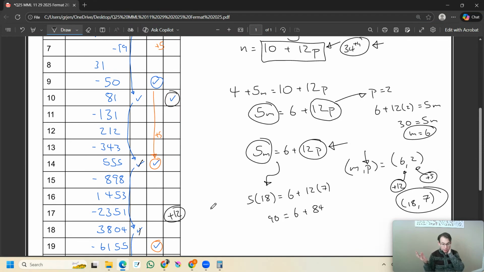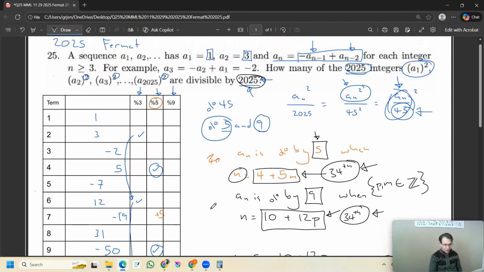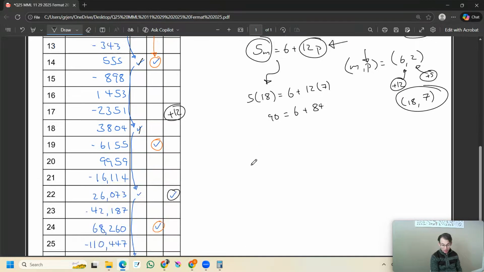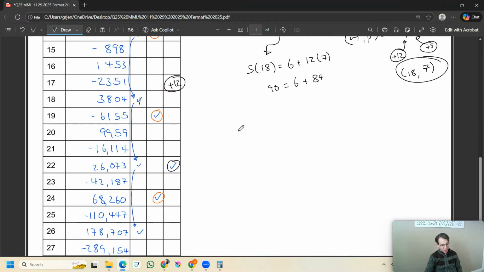The lowest common multiple of 5 and 12 is 60. So every 60th term after 34 will be a solution where the term squared will be divisible by 2025, because the term will be divisible by 45. Okay, so now we know this. 34 plus 60, we already used p, so let's use q.